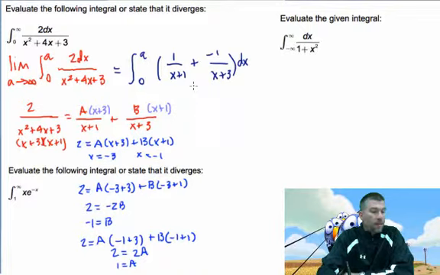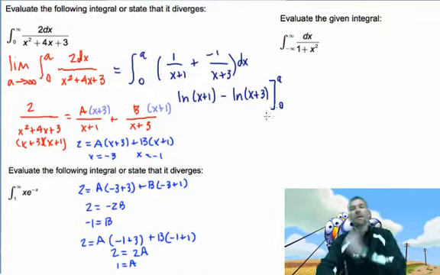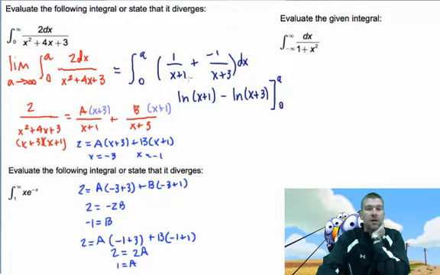This is going to end up being the natural log of x plus 1 minus the natural log of x plus 3, and we're going to evaluate all of this from 0 to a. The reason it's just natural log is, think about integrating just 1 over x plus 1.